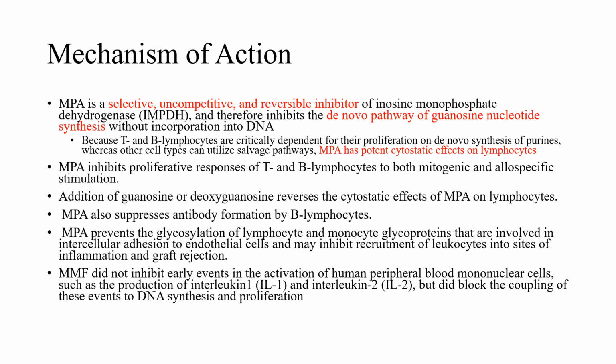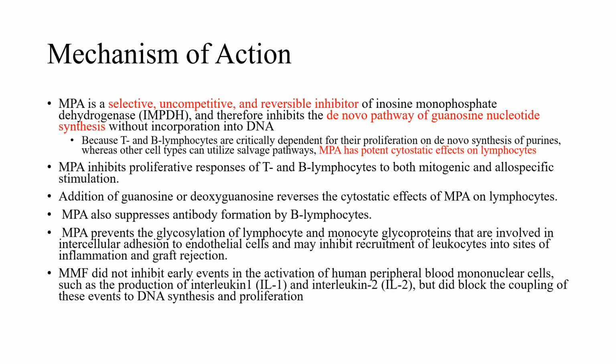Nucleosides are adenine, guanine, thymine, cytosine. When a phosphate group is attached, that becomes a nucleotide. The process of nucleotide synthesis involves inosine monophosphate dehydrogenase, and only then can it get incorporated into the DNA. That process is selectively, uncompetitively and reversibly inhibited by mycophenolic acid. And this is the de novo guanine synthesis.